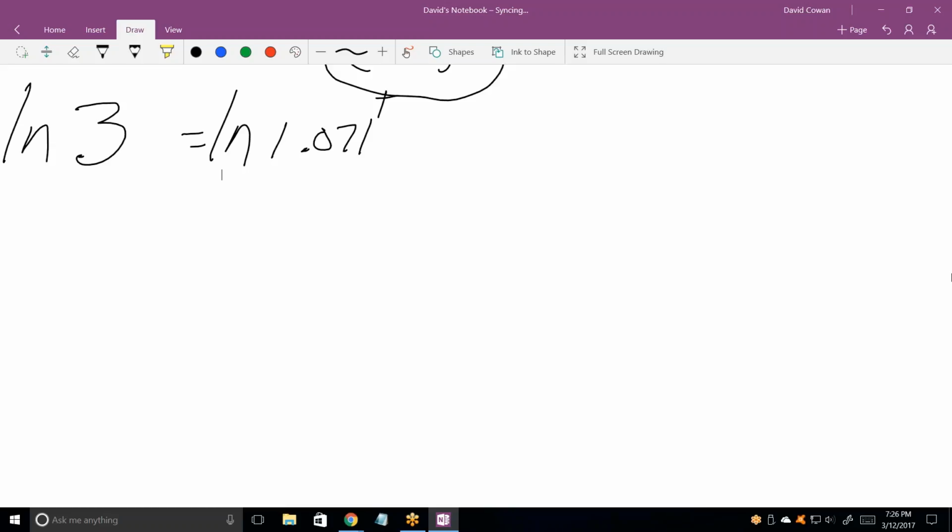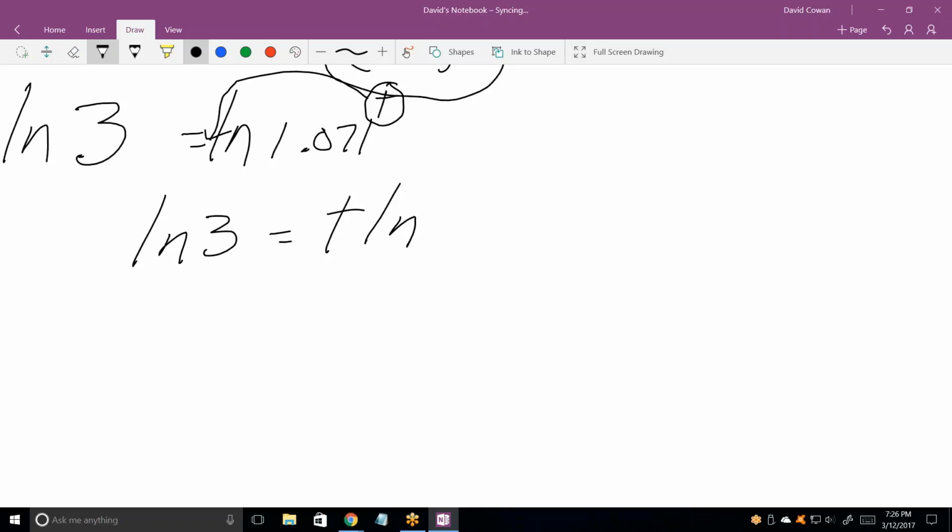Now, remember Rule 3? Rule 3 says that if I have the log of some number raised to a power, I can take that and bring it down in front. So I'm now allowed to do this.